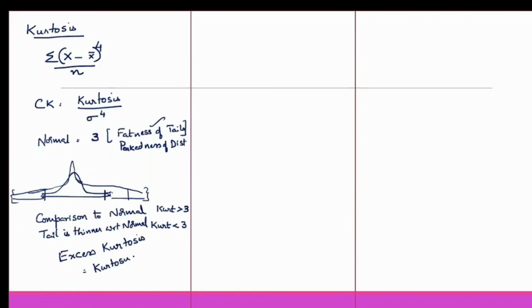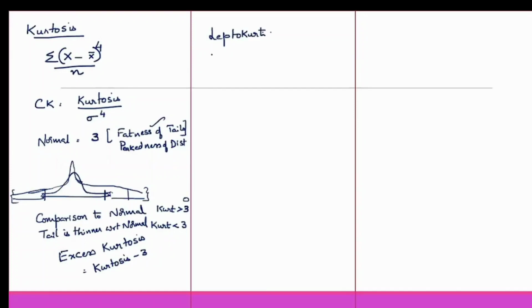So a simple 3 is subtracted just to say that for a normal distribution, the excess kurtosis will be 0. If it is greater than 0, then we say that the tails are fatter, and that scenario is typically called leptokurtic data.